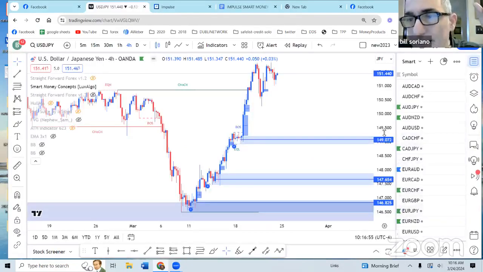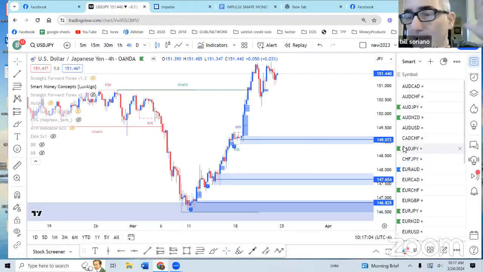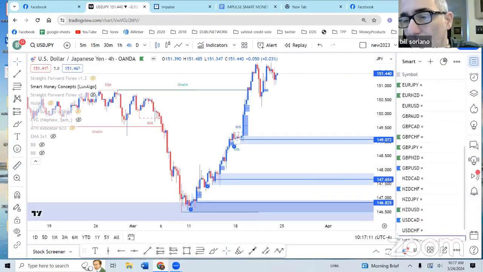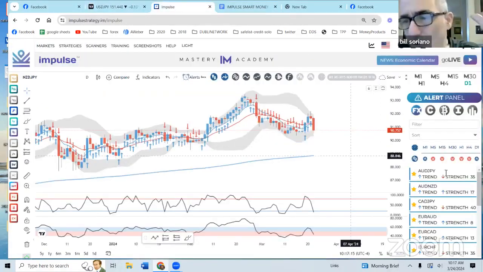I flag them with a green flag, and then once the alert is hit and we drop down to the 15-minute to wait for a trade, I flag them with either a blue or a red flag, whether it's bullish or bearish, okay? But the first step is using the Impulse Scanner to identify which pairs to trade and in which direction to trade them. We always want to trade with that trend, not against it.